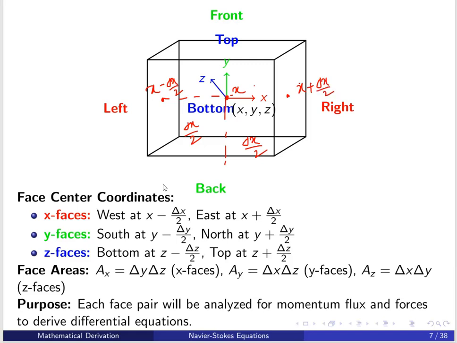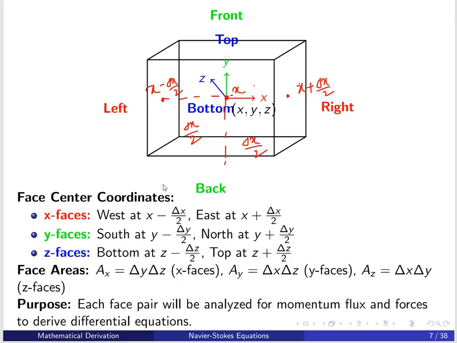So the face center coordinates: the x faces are west at x minus del x by 2 and east at x plus del x by 2. Similarly in the y direction, the y faces are south at y minus del y by 2 and north at y plus del y by 2, and the z faces are bottom at z minus del z by 2 and top at z plus del z by 2.